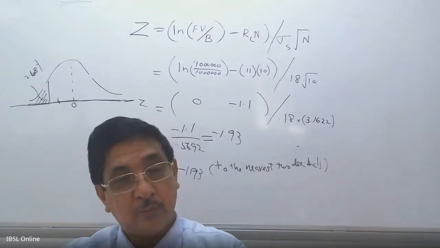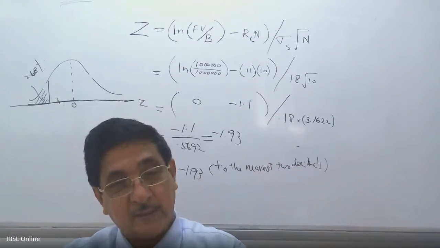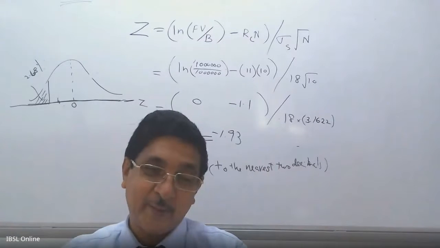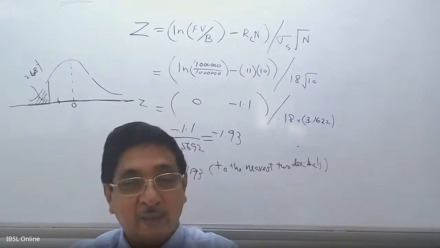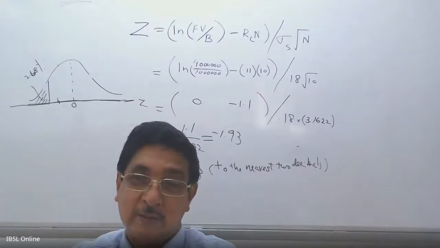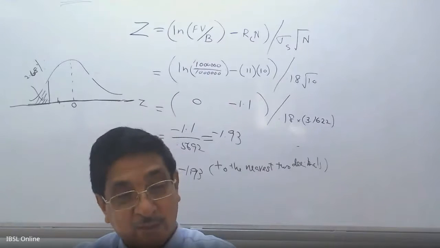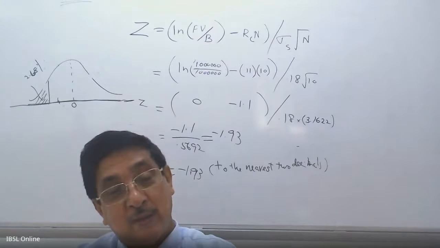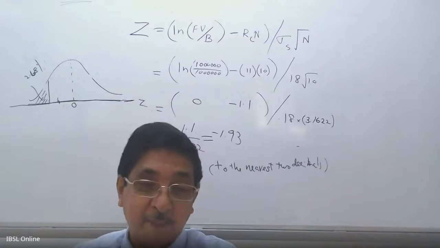Now, let me remind you of the capital asset pricing model. R will be equal to RF, that is the risk-free rate, plus RM minus RF into beta. RM is the market return.